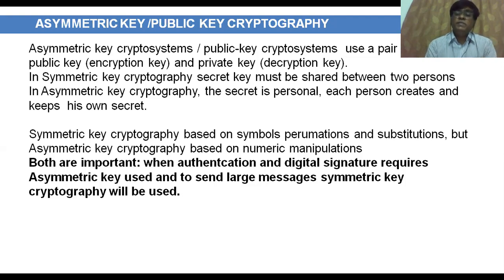But the symmetric key method, the old method I explained in the previous classes, is useful whenever we want to send a large amount of data. So whenever you need authentication and digital signatures, asymmetric key cryptography will be used. Whenever you need to send a large amount of data, symmetric key cryptography will be useful.